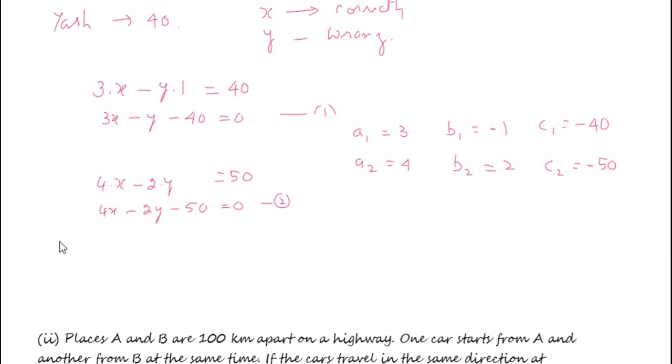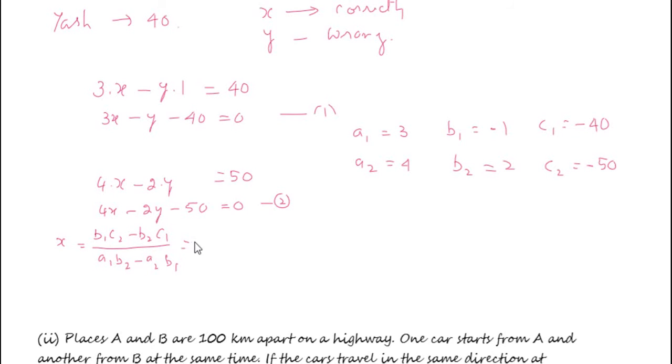So now x equal to b1 c2 minus b2 c1 divided by a1 b2 minus a2 b1.